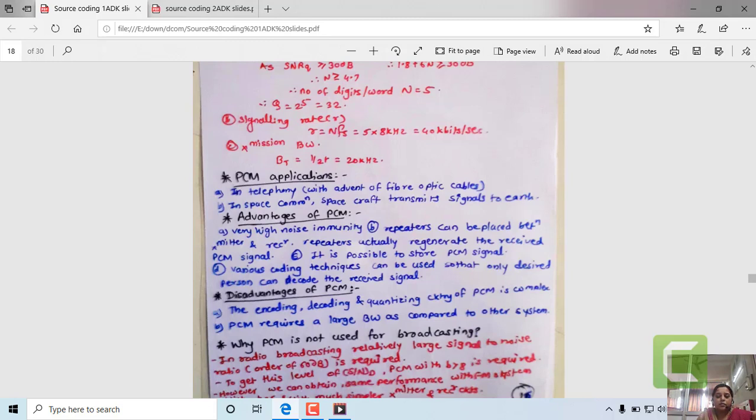This PCM system is majorly applied in spacecraft communications and the transmission of signals from spacecraft to Earth stations. Also, in previous telephony switching systems, PCM was applied.